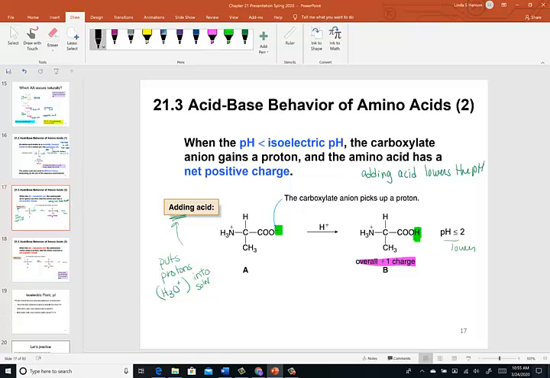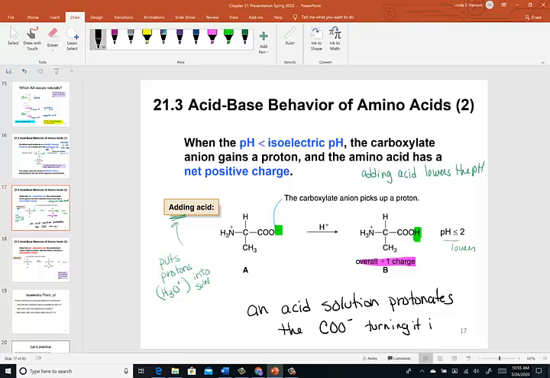An acid solution protonates the carboxylic acid. So it protonates the COO negative, turning it into COOH, the protonated form of the acid. So what does that do to the overall charge? Well, keep in mind here, this is still a +1 charge, but there's no other charge to neutralize it.